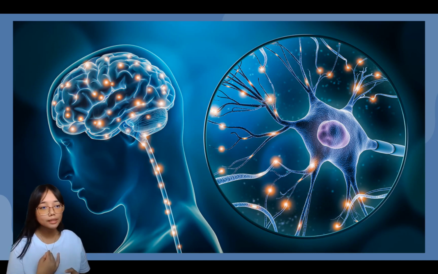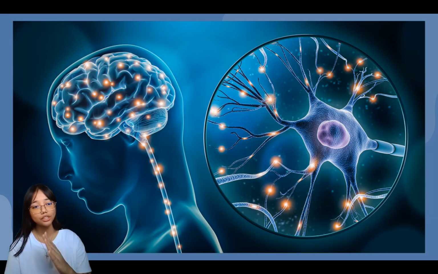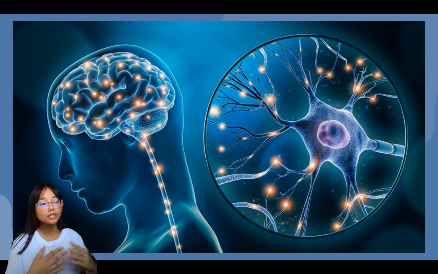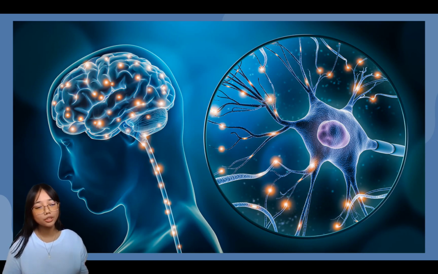When an action potential is generated at the axon of a neuron, it travels along the axon until it reaches the synapse, where it is transmitted to the next neuron. So this process is how the brain absorbs, comprehends, or processes the information and coordinates the body's responses to the stimulation it received.